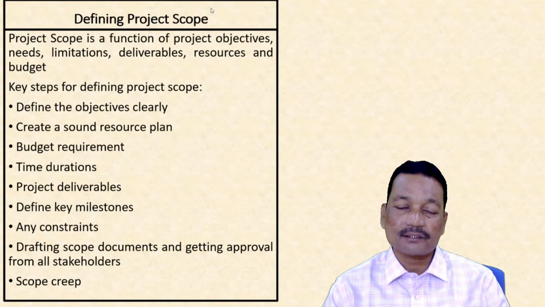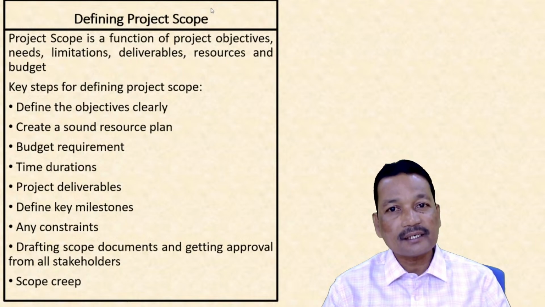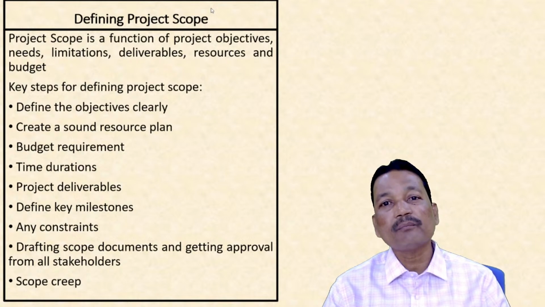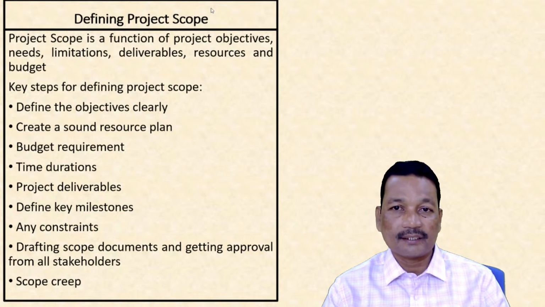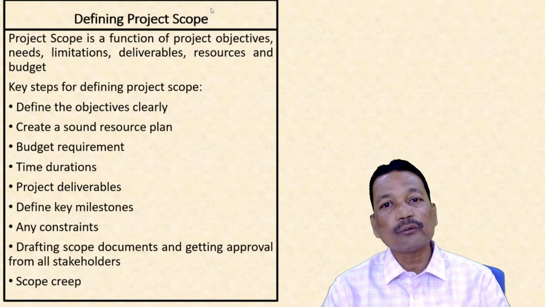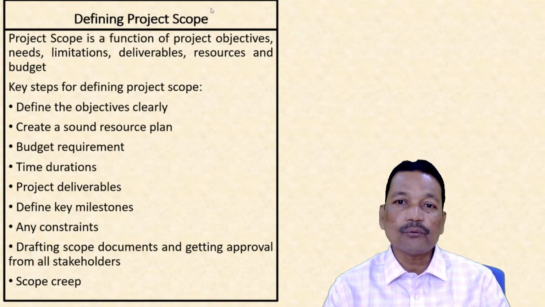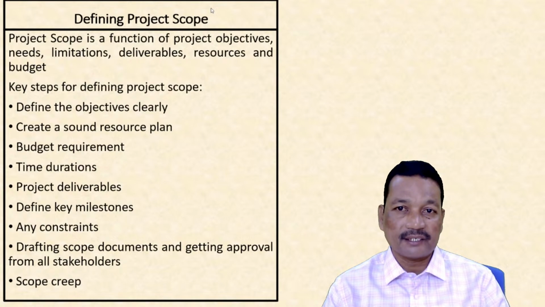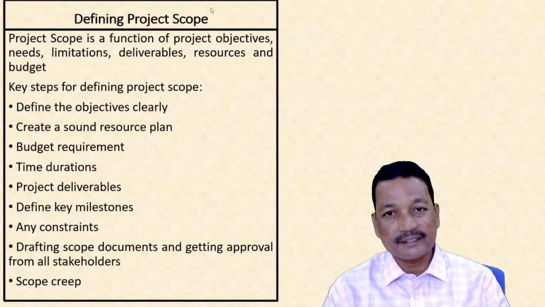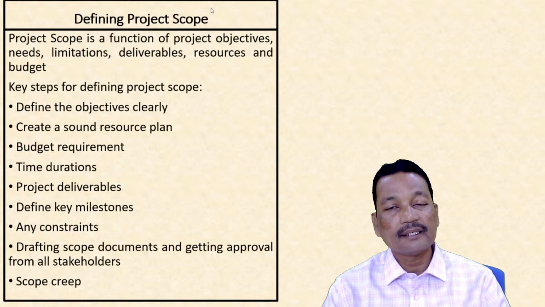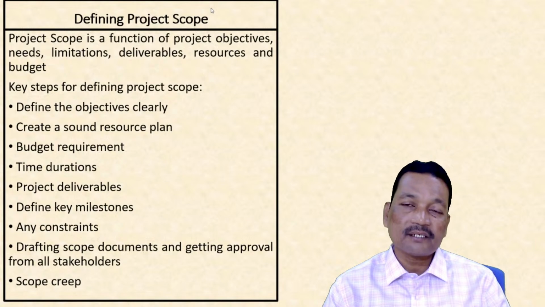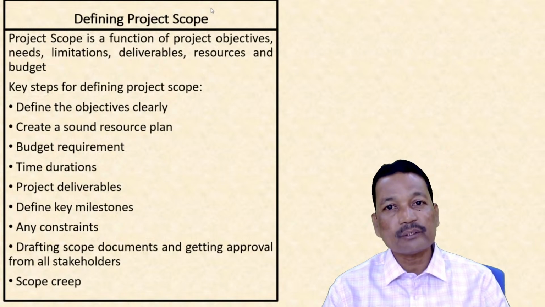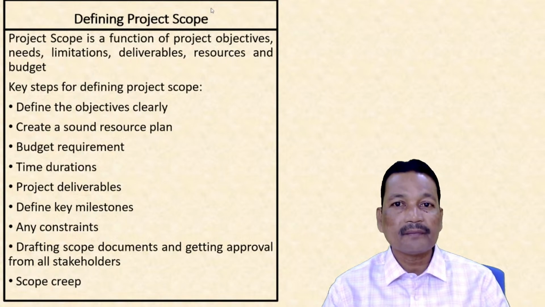That means whether it is from inside the country or we may procure it from outside. How can we overcome the constraint? So we are trying to look for a way out to manage the constraint. Constraints will definitely be there, but in the planning stage or in defining project scope, we have to think of the way out, how to negate the constraint so that the project can be successfully carried on.